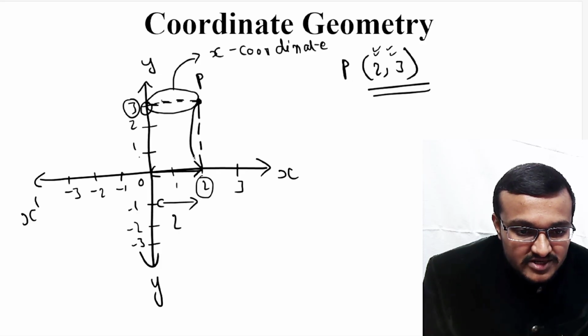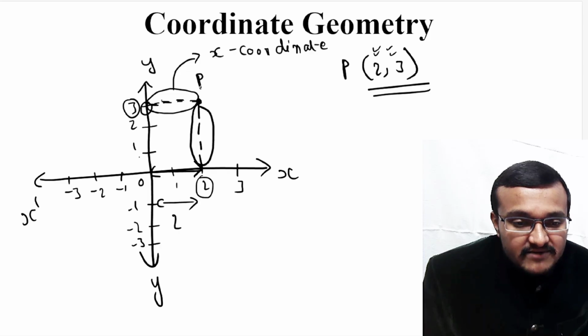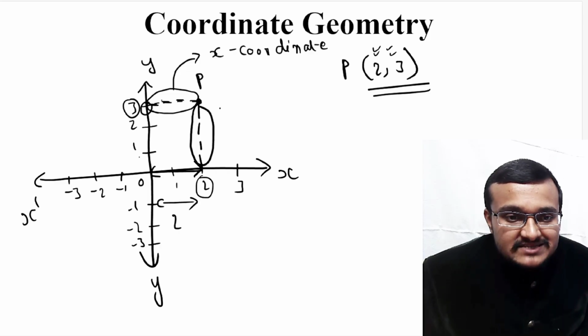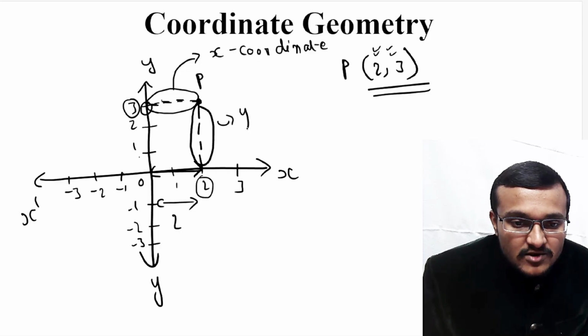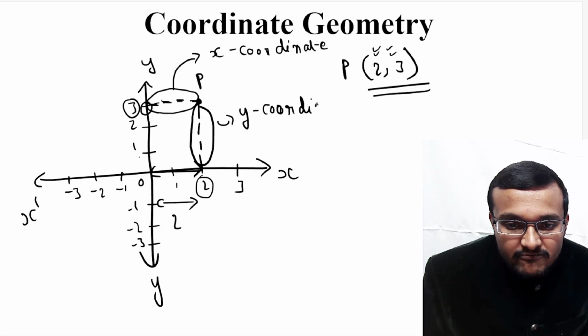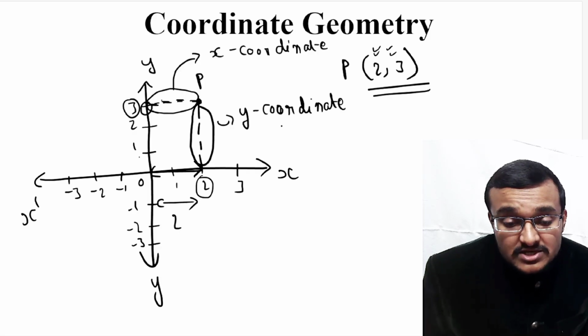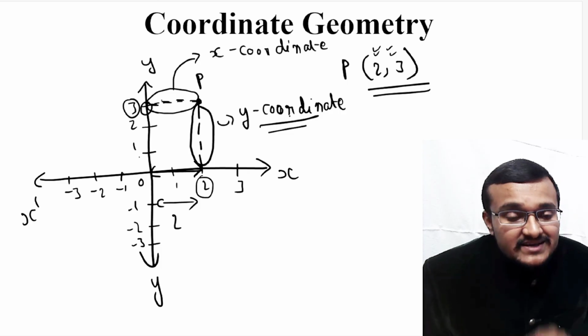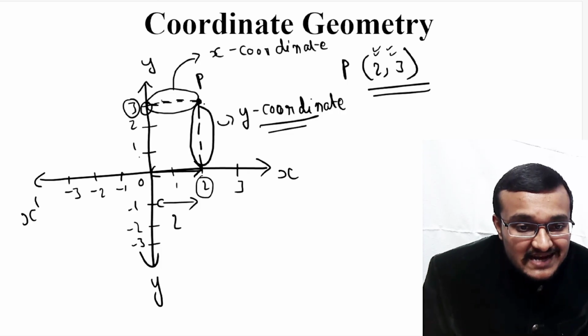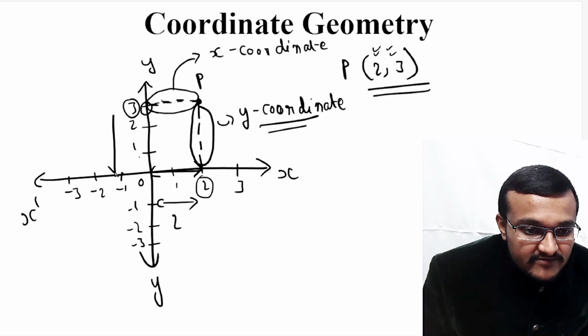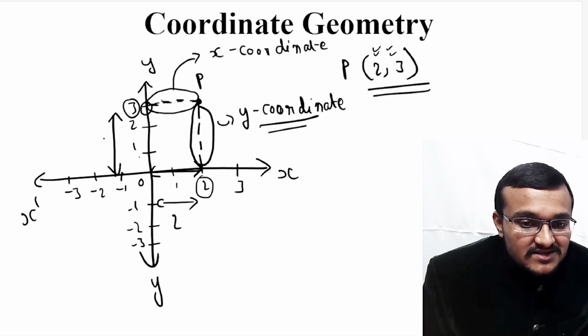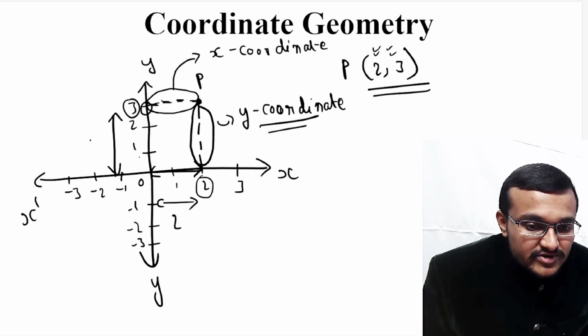Now this particular perpendicular line which is there from the point to the x-axis is known as y coordinate. This y coordinate is parallel to the y-axis, and the distance of this y coordinate is the distance of the point from the x-axis. So that is 3 units.